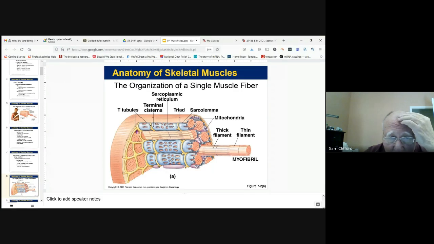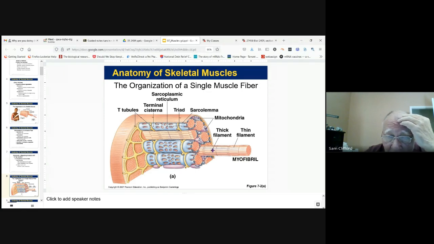The T-tubules open to the exterior that allows charge to enter the muscle interior, and that charge is going to release calcium from the sarcoplasmic reticulum, where you have T-tubules on either side. You have terminal cisterna, and so all the muscles are going to be covered by this sarcoplasmic reticulum, whose primary function is to store calcium because calcium is necessary for contraction.